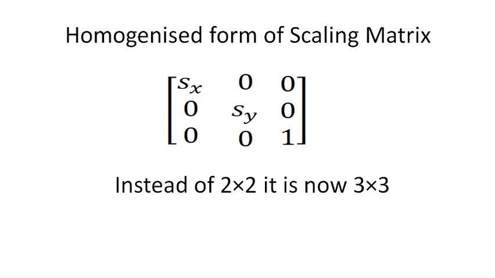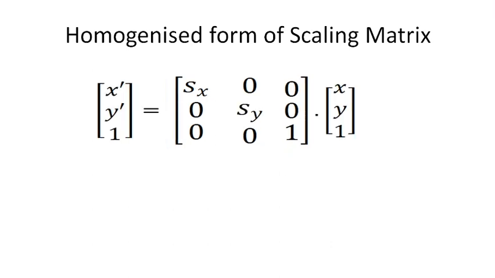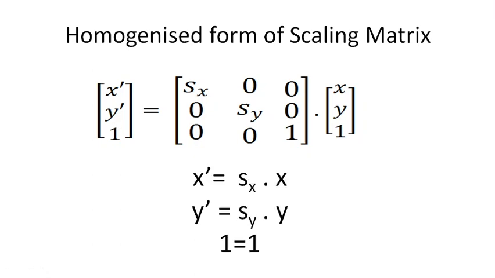Now if you use this in the equation form, you place the scaling matrix and then place the point matrix in homogenized form and multiply. After multiplication and comparison with the matrix on the left hand side, you will get values of x dash and y dash, which are no different from the scaling equations we studied earlier. The third trivial equation can also be ignored in this case.